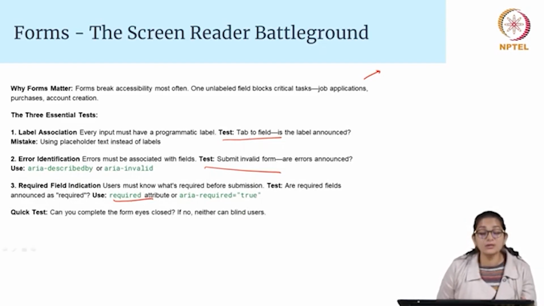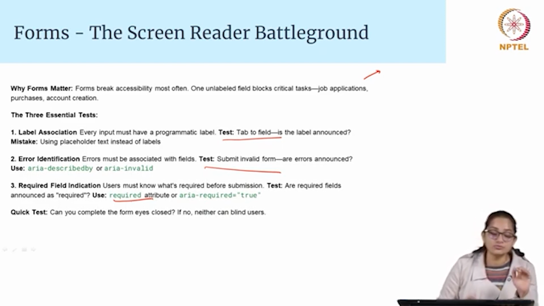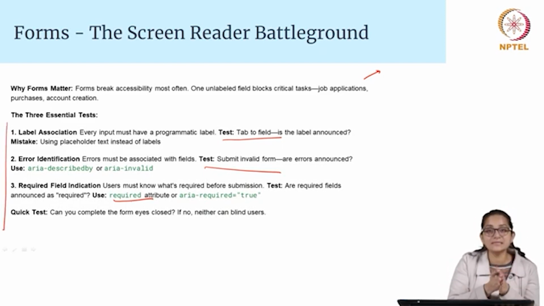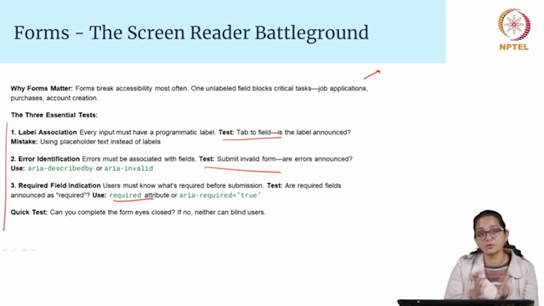Quick test, can you complete the entire form with your eyes closed? If no, neither can a blind user. So make sure that you are able to deploy these basic tests in order to make sure that the forms which are part of your portal, which are part of your website, become fully accessible.